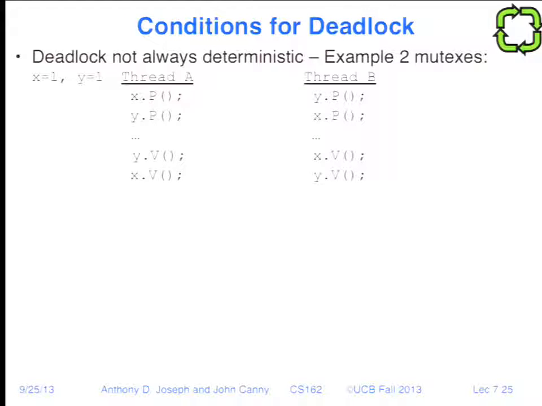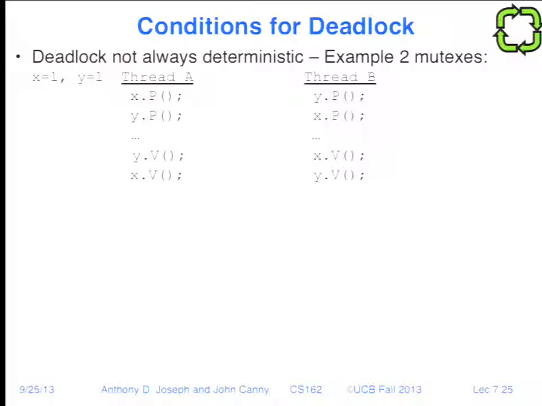Very often, probably almost always, deadlock is non-deterministic, and it requires specific timing in the acquisition of resources. And we saw an example of this before, actually, when we were discussing semaphores for the first time. If you recall, P is the probe function, which decrements a resource and waits if it's 0.